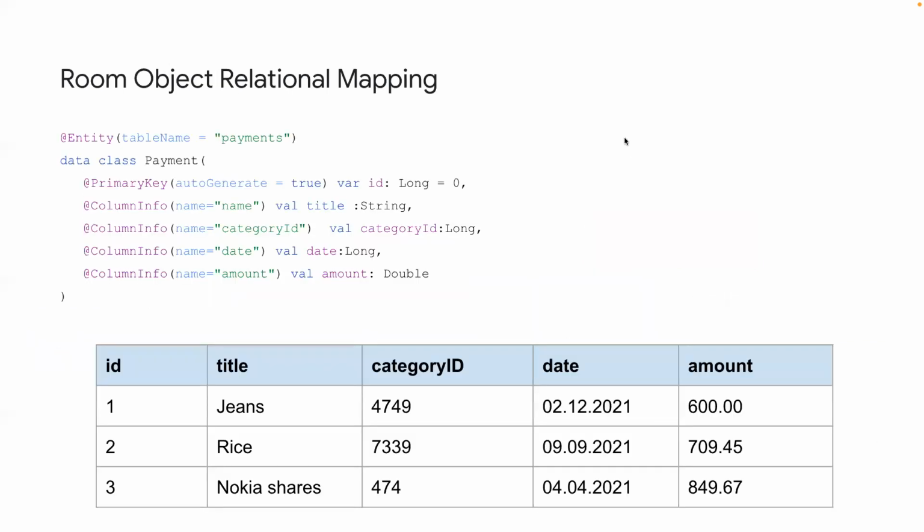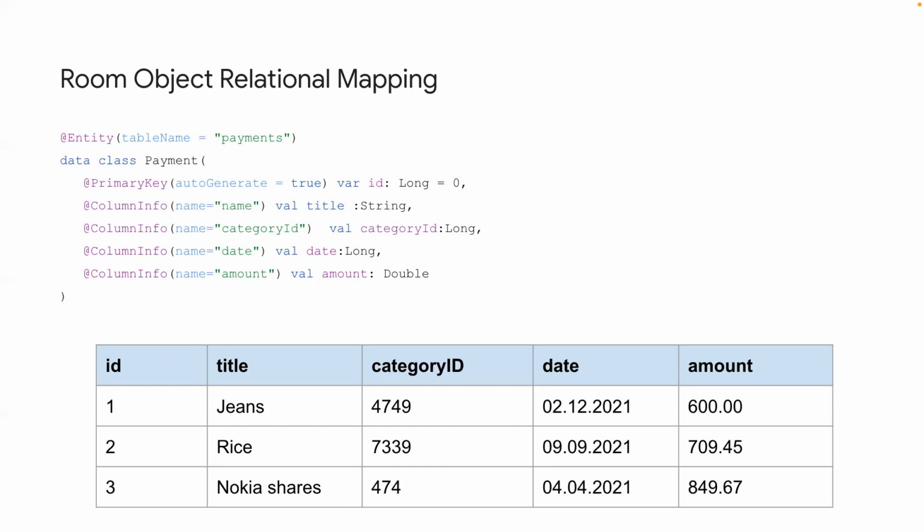Okay, so Room provides something we call object relational mapping, and it is technically mapping objects to database tables. All right, so remember we created this data class called Payment previously, and this Payment is the class that stores data for the payments screen that we do.